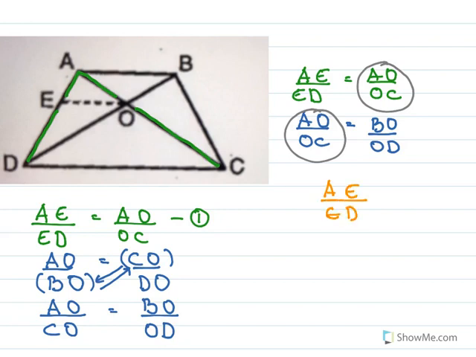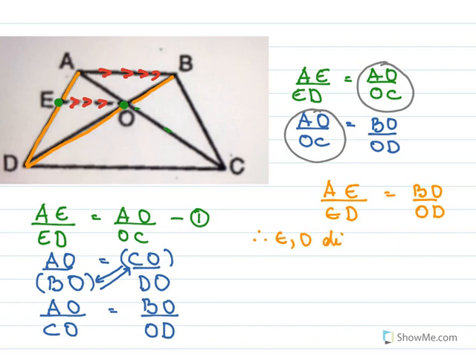So when I compare both, I can say AE over ED is equal to BO over DO. Let me mark this in the figure. So here it's given AE over ED is equal to BO over OD, which means this O and E divide AB and AD in the same ratio. And if they divide in the same ratio, I can say EO must be parallel to AB.